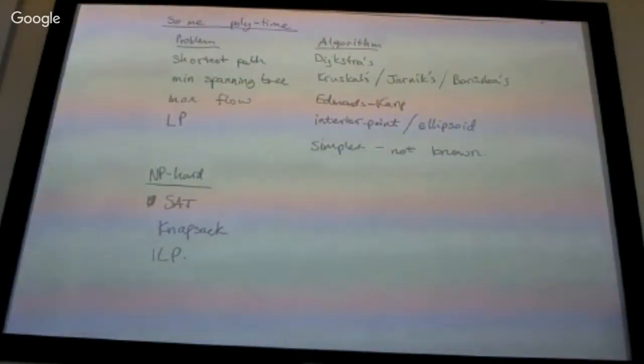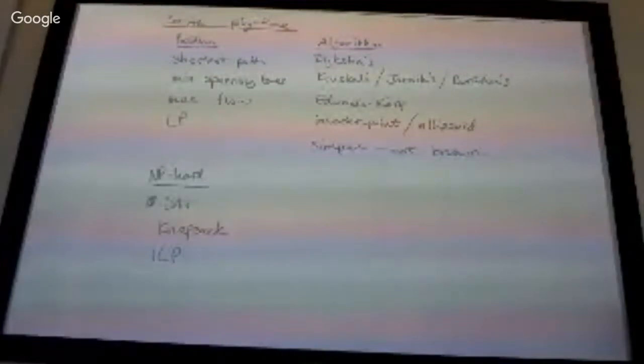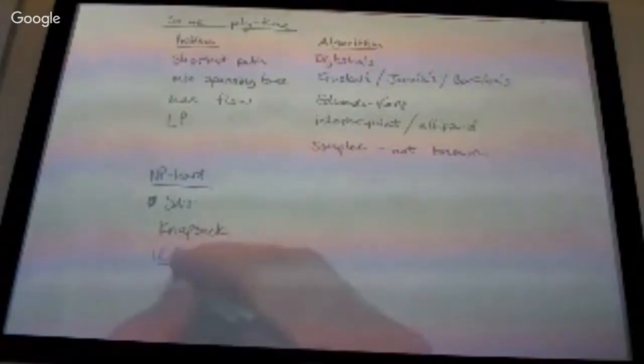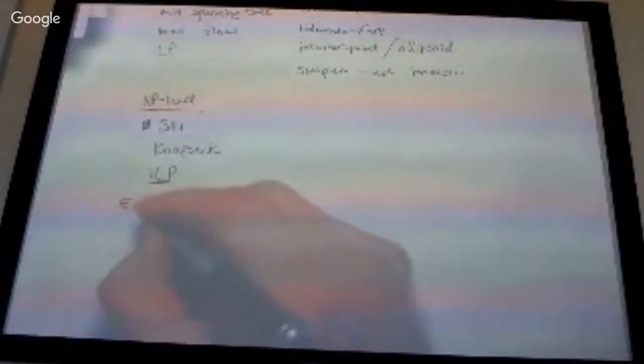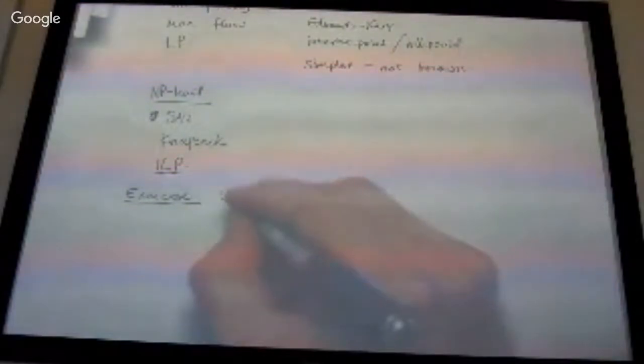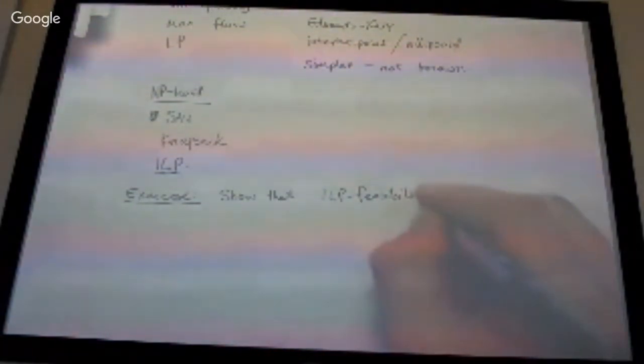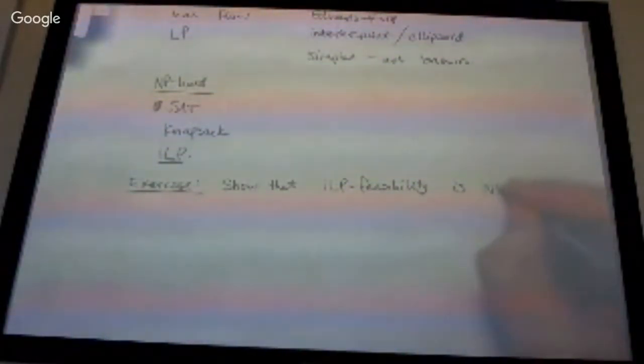What really remains is to prove that integer linear programming is NP-complete. So, exercise: show that ILP feasibility is NP-complete.